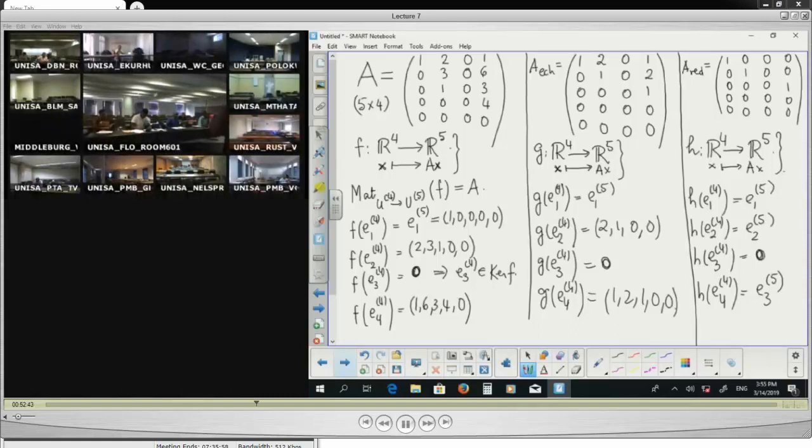It tells me that the kernel is completely determined by the span. It tells me completely what the kernel is, not only its dimension, and hence also tells me what the image is.